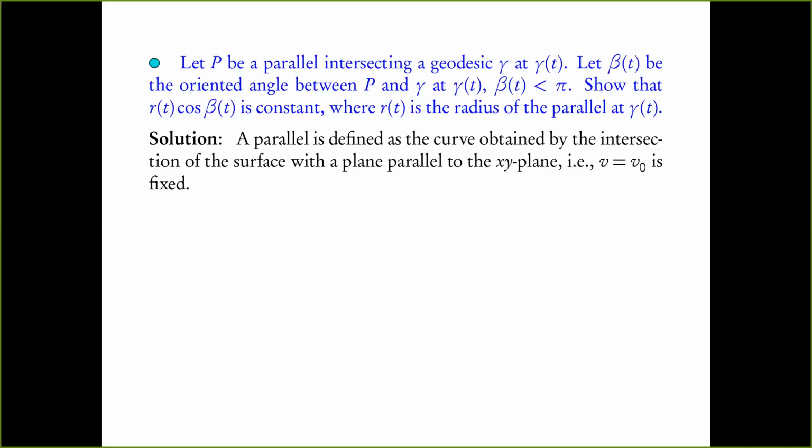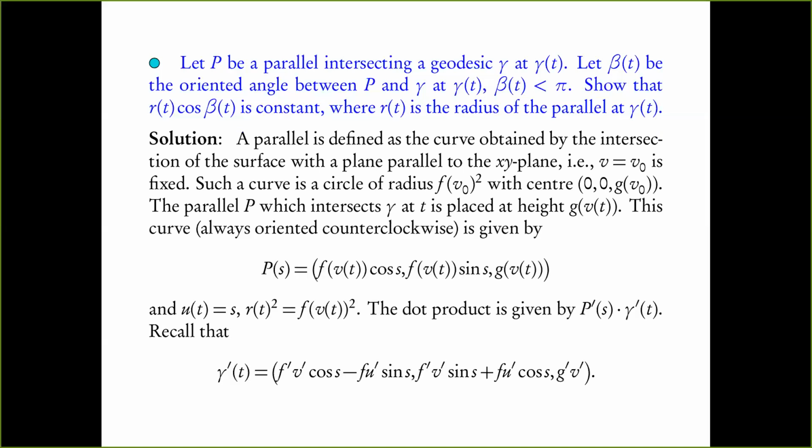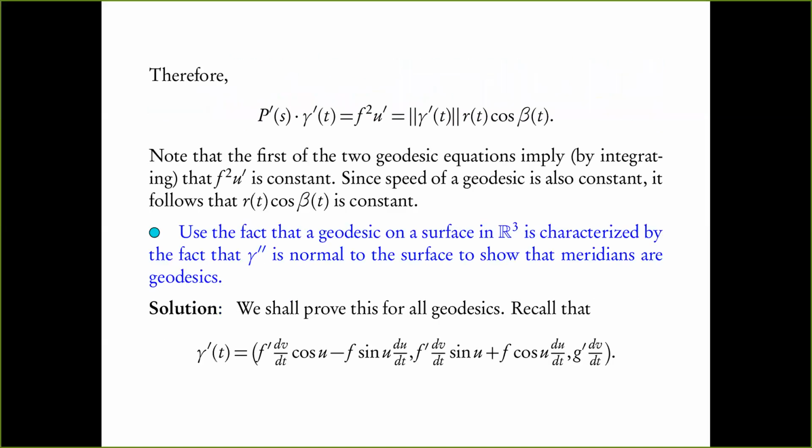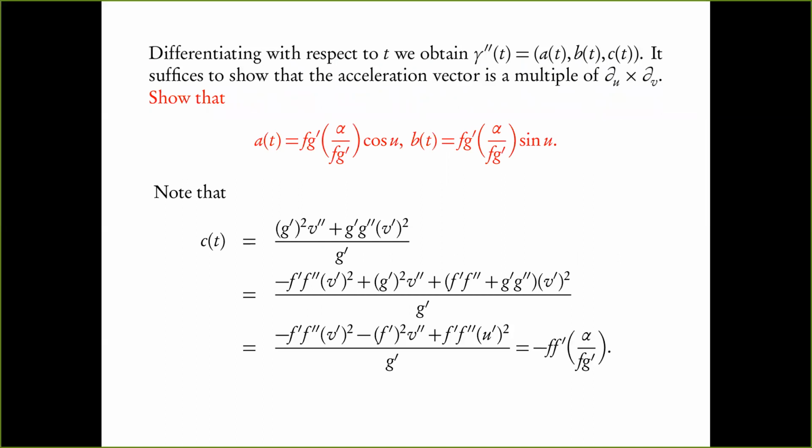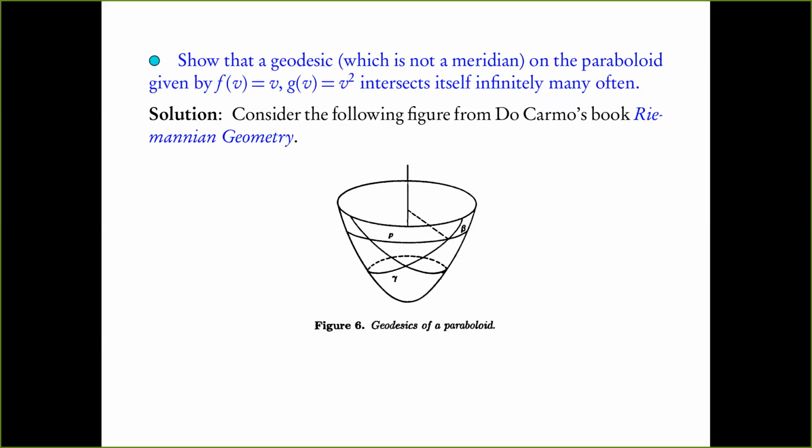Let me go forward and show you a picture, because that picture is going to be useful. This is the final question that we'll be solving. In this picture, this curve is a circle, a parallel P, on a specific surface of revolution obtained from a parabola.